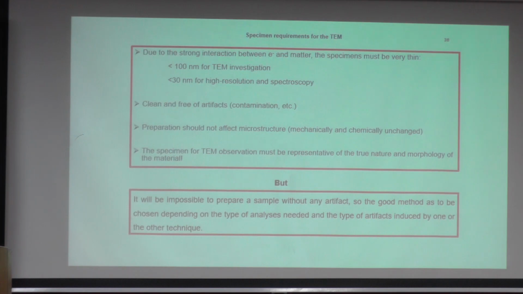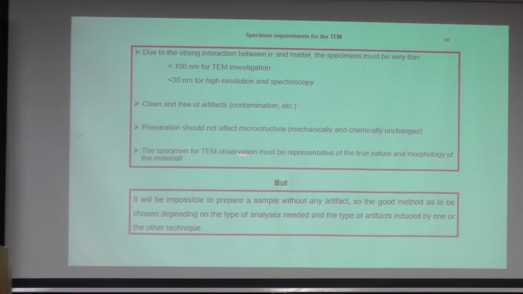So now, a short summary of the specimen requirements. Due to the strong interaction between electrons and your solid, the specimen must be very thin, less than 100 nanometers for TEM work, and less than 30 nanometers for high resolution and spectroscopy. The surface of your specimen should be clean and free of artifacts like contamination. Preparations should not affect the microstructure, so mechanical and chemical properties should be unchanged.